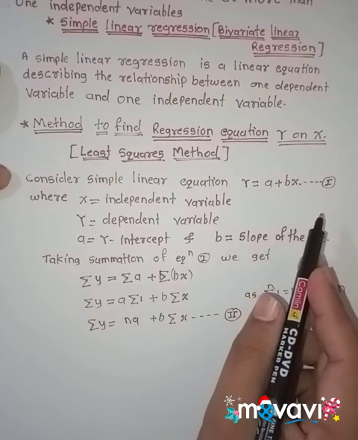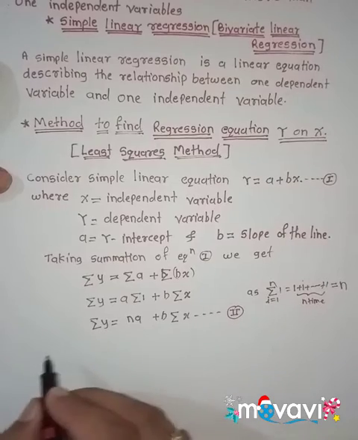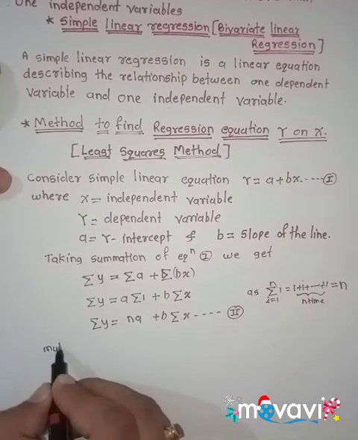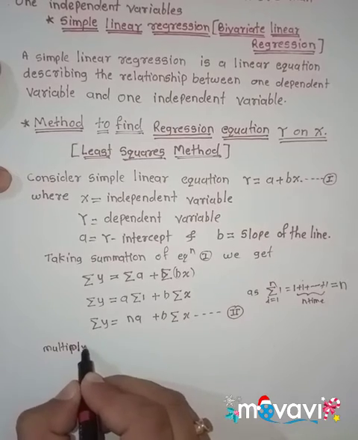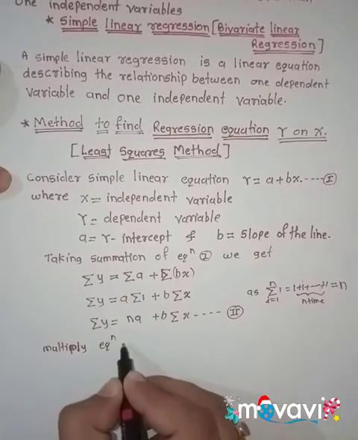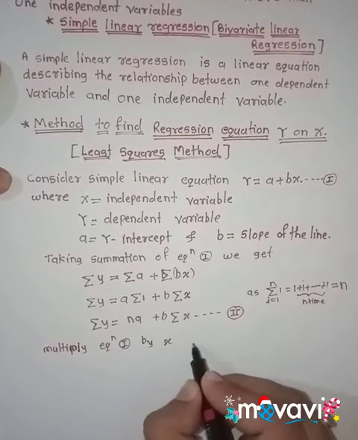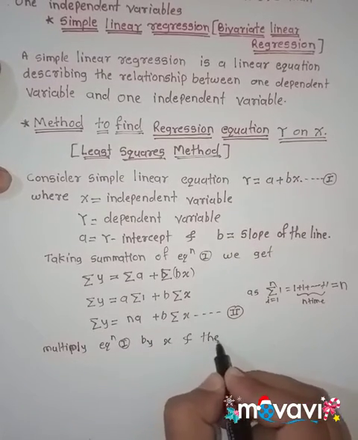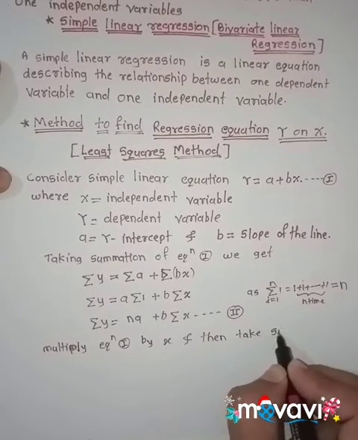Then again we take equation number 1. First we multiply equation number 1 by x, and then take the summation.